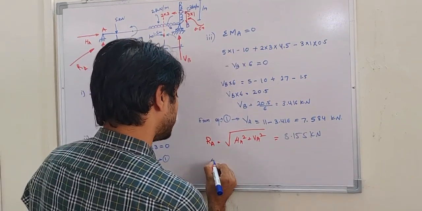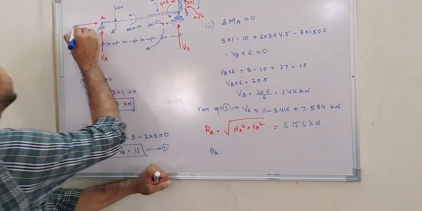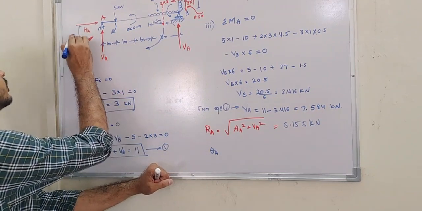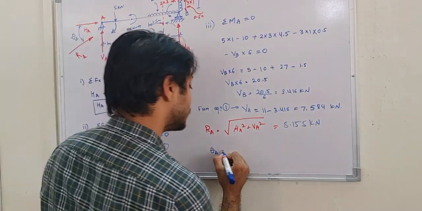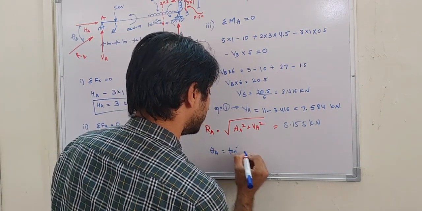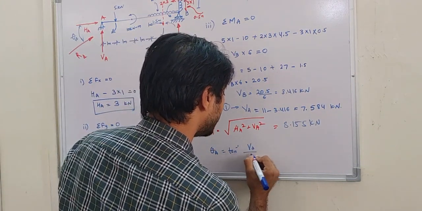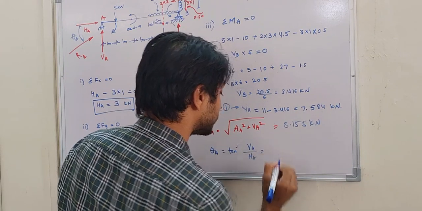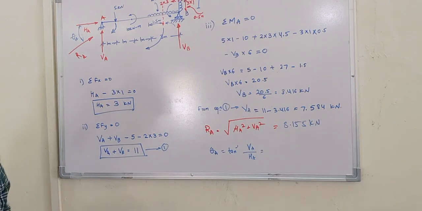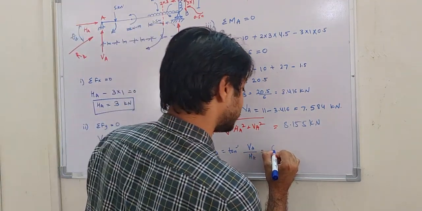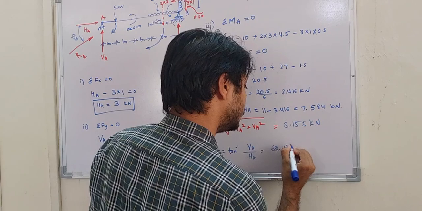Similarly, we need to find out theta at A. Theta at A is equal to tan inverse of vertical at A divided by horizontal at A. If I substitute VA and HA here, I get 68.42 degrees.